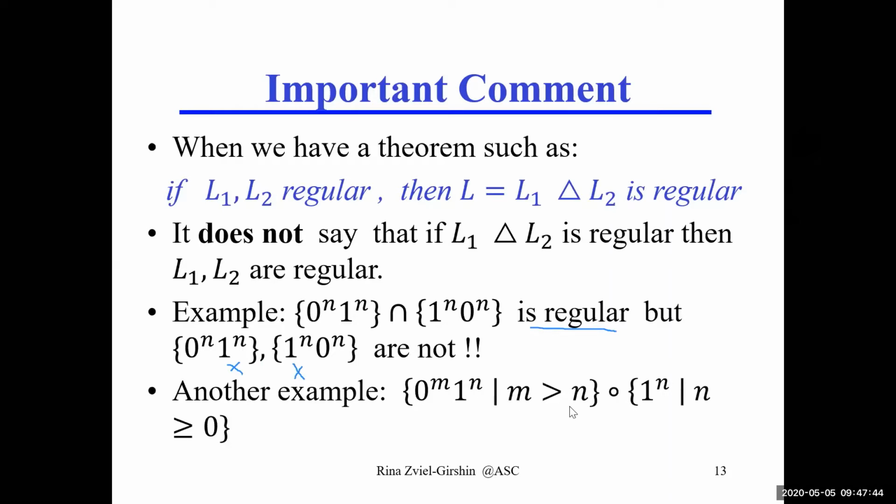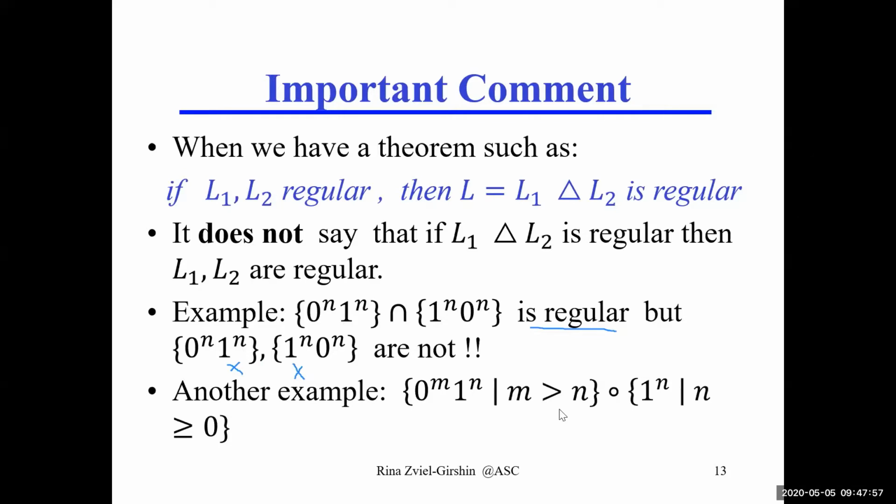So I would like to accept all words that have a prefix of zeros and a suffix of ones, and the number of zeros in the prefix is greater than the number of ones in the suffix, m greater than n. And I concatenate it with 1 to the power of n, where n is greater than or equal to 0.